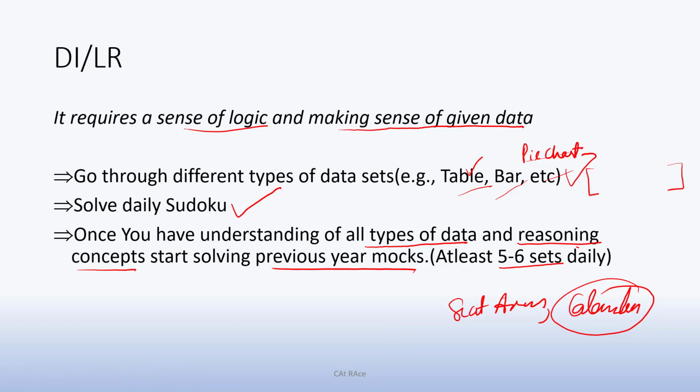Follow just one material, it may be from any coaching institute or any reputed book. Solve questions from there, read their theory and solve basic questions, and then move on to the previous year mocks. So this is the total strategy for DILR.